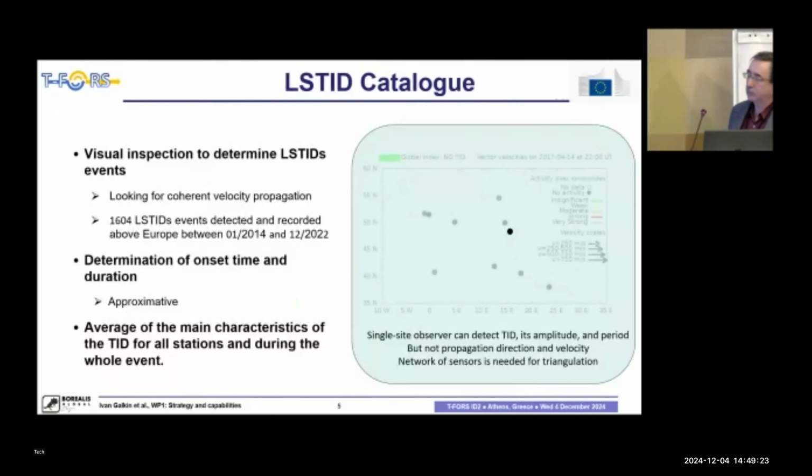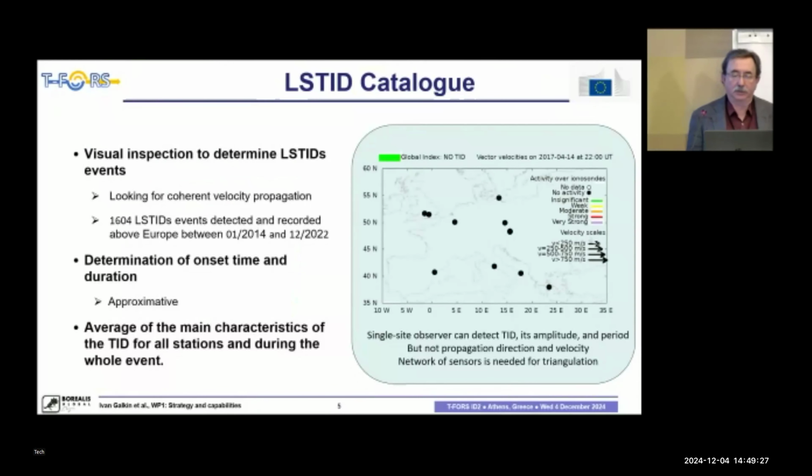Okay, let's talk about the four that I mentioned. Let's talk about LSTID quickly. So we selected a number of stations in Europe and looked at that, really visually inspecting. The terminology is we are looking for coherent velocity propagation. What does that mean?